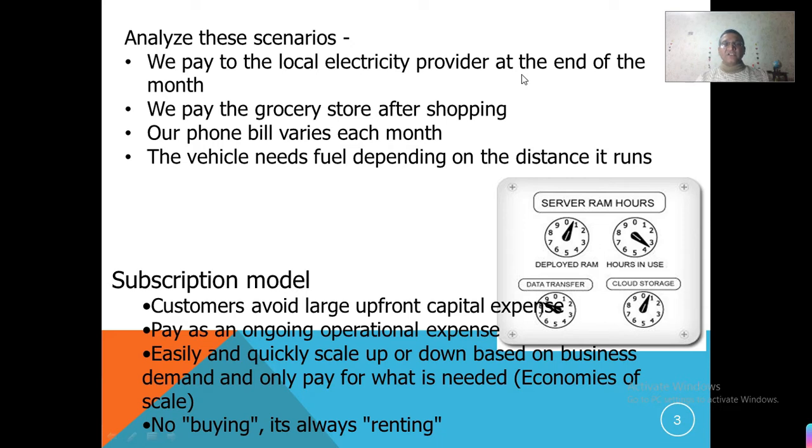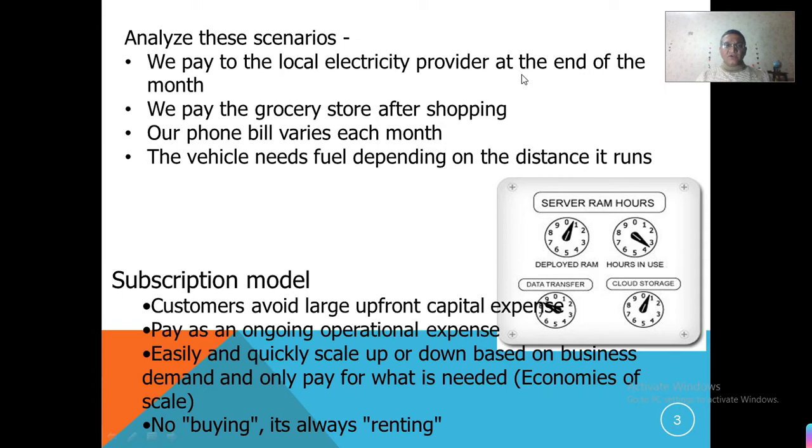I can simply connect to the electricity provider and start using electricity. Similarly, in a grocery store I am not going to manufacture the items; I simply take whatever I want. So we are paying as an ongoing operational expense. This is a pay-as-you-use model, which means whatever you use, you pay for.